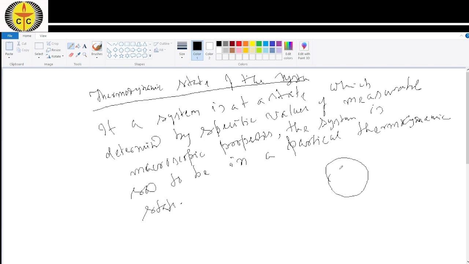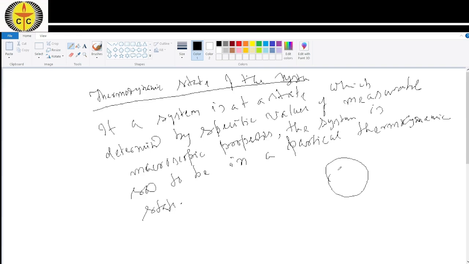There is a minimum limit of macroscopic properties whose values at a time can define the state of the system. If certain minimum macroscopic properties are maintained at a fixed value, then automatically other macroscopic properties will be set at fixed values. So we should not take more macroscopic properties to define the state.